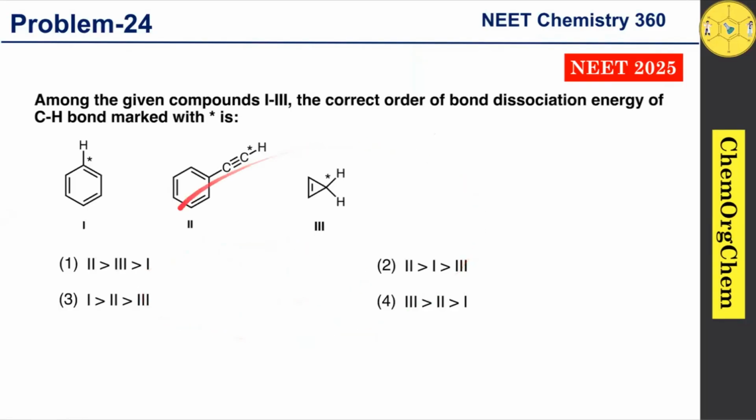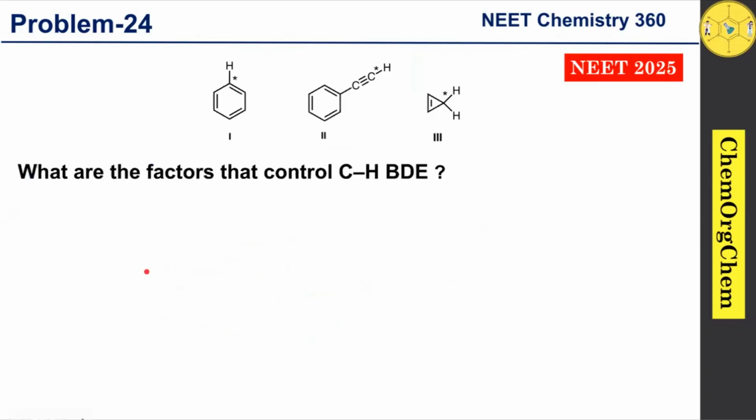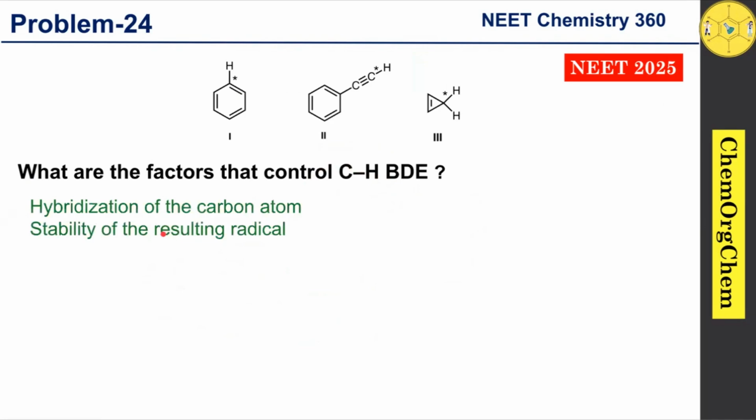In order to solve this type of question, first we should know what the factors are that affect or control the CH bond dissociation energy. There are two factors. The first one is hybridization of the carbon atom and the second one is stability of the resulting radical.